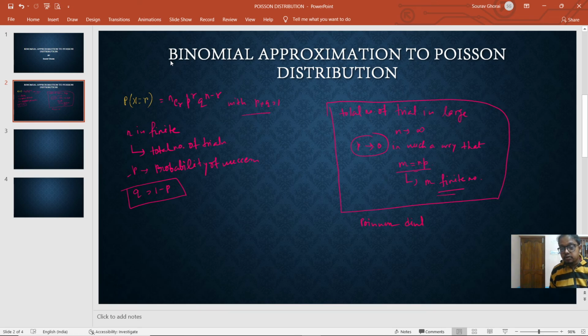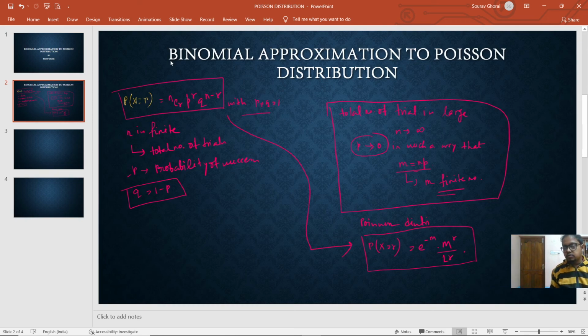The Poisson distribution is of the form P(X = r) is equal to e to the power minus m into m to the power r by r factorial. And now we will calculate how we can convert the binomial approximation to the Poisson distribution.